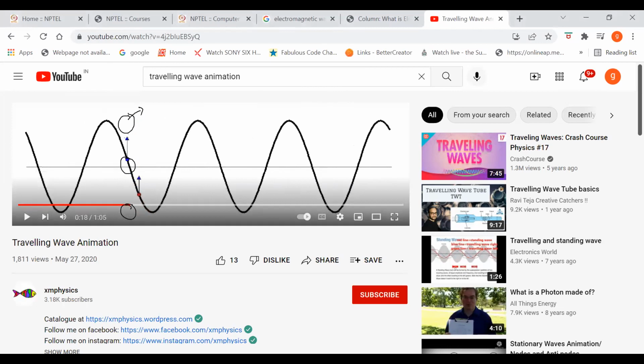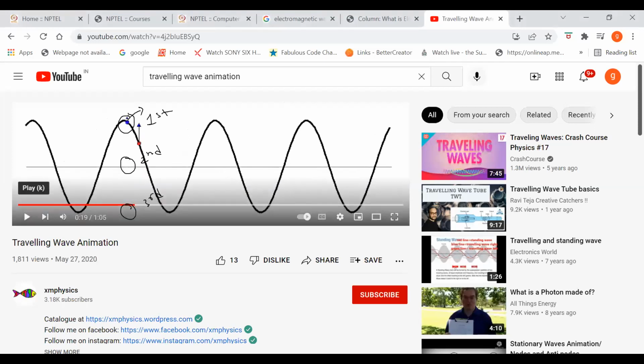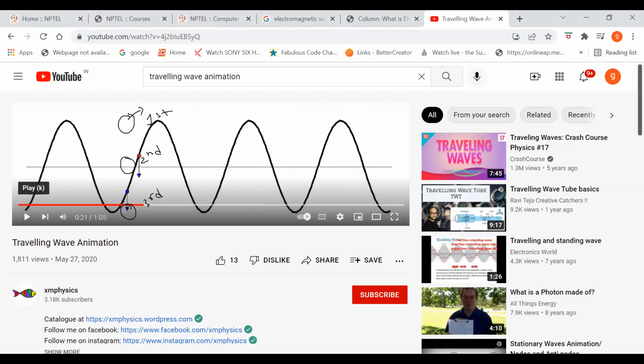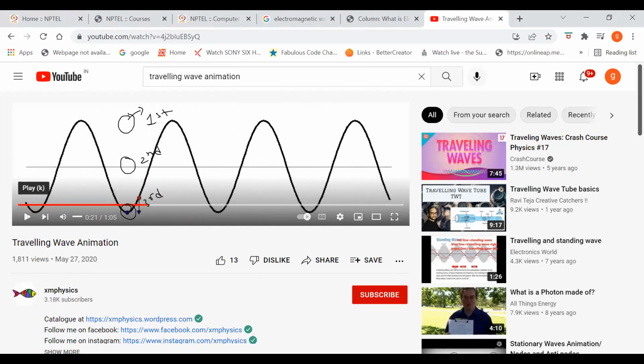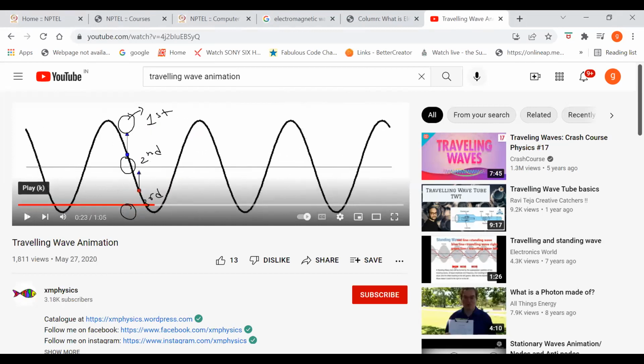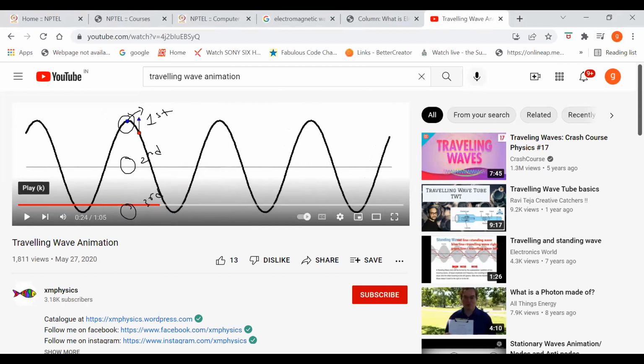Now again it came to the second position. This is the first position, this is second, this is third. Again it went to first, then it came to third, then again it went to second, then first. So you can see this small point is actually moving up and down.